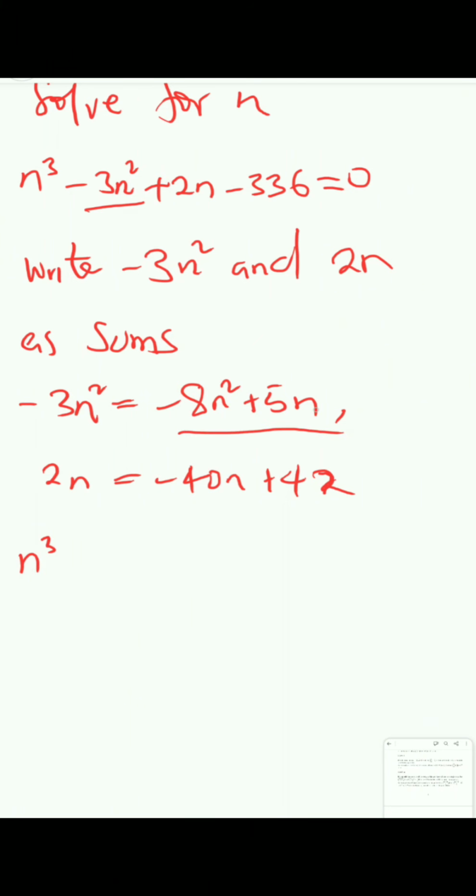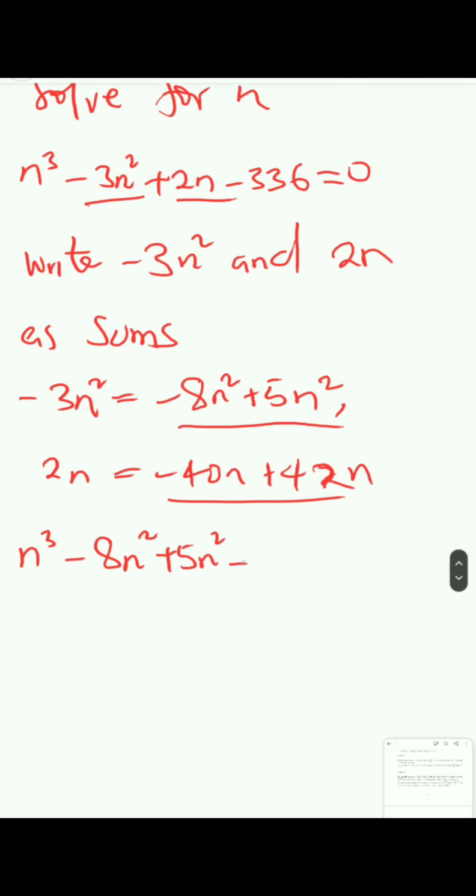So the sums that we've just presented will be substituted where they're supposed to be. So it will be n cubed minus 8n squared plus 5n squared. Then where there's 2n, we put minus 40n plus 42n.